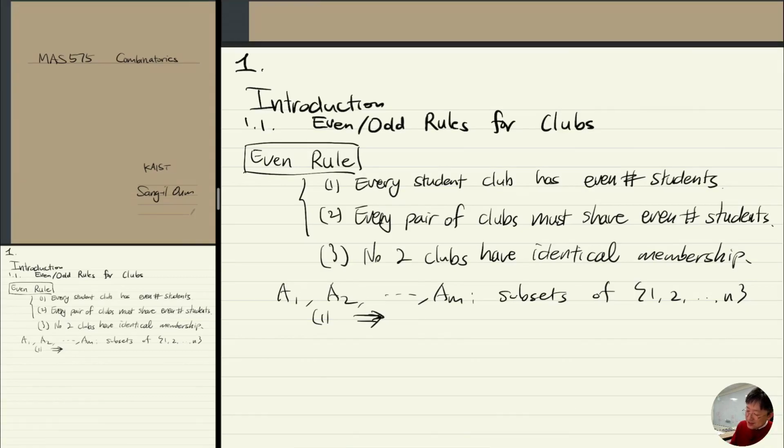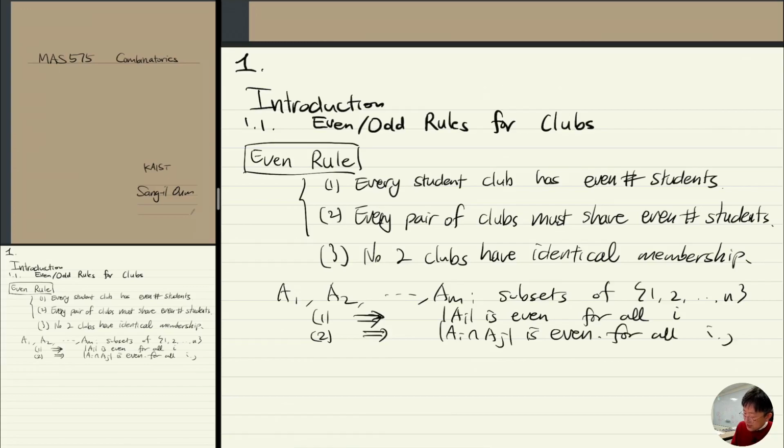The first condition says that the size of Ai is even for all i. The second condition says that when you have two distinct clubs, their intersection is even for all i and j. And the third condition says that the Ai's are distinct.